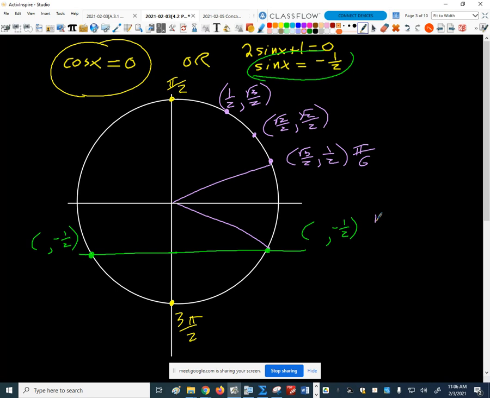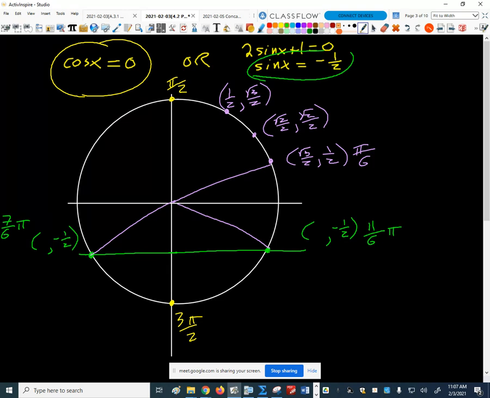So that's got to be 11 pi/6. And this one right here has got to be pi halves plus an extra pi/6. So that's going to be 7 pi/6. Okay, everybody see that? So those are my critical numbers, aren't they?